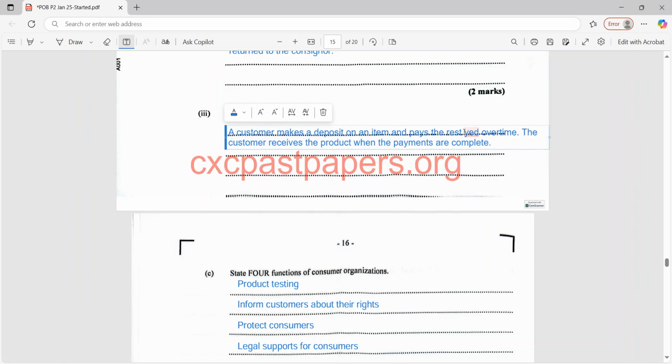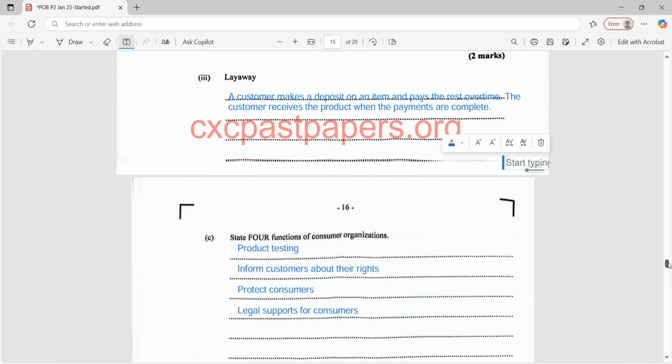The customer receives the product when the payments are complete, right? So they don't collect the product until they have completed payments.